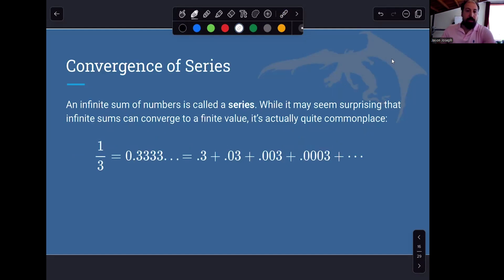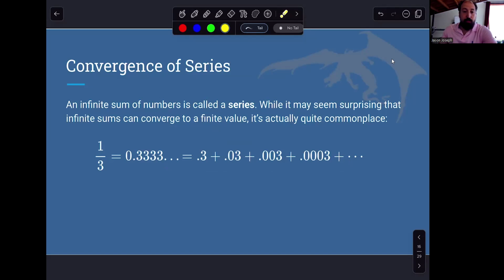Well, an infinite sum of numbers is called a series, and that may seem like a strange thing to be thinking about at first. We actually think about it quite often. So for example, any number with an infinite decimal expansion, like 1/3, can be thought of as a sum of all of its decimals.